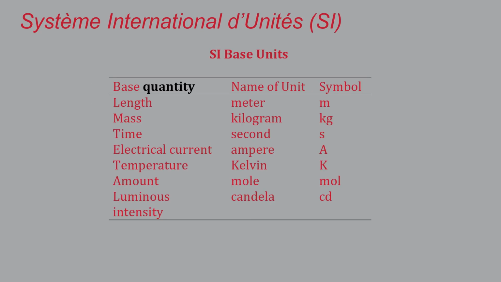All right, so what are these quantities that we are measuring or describing? A quantity is sort of the philosophical, ethereal thing that we are measuring. A lot of these you're probably already familiar with, like let's say length and time.